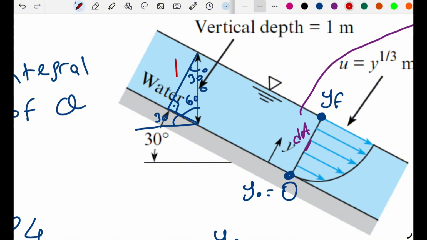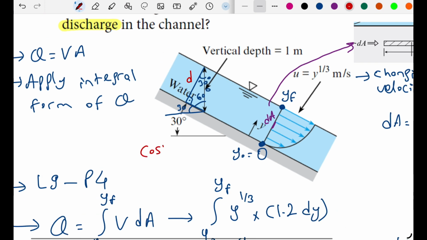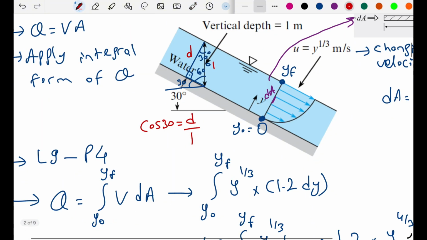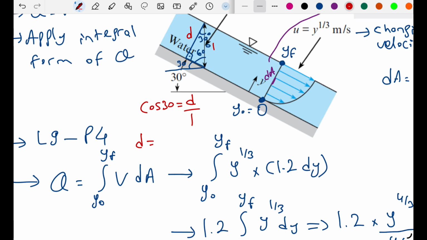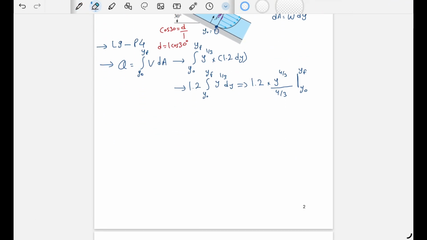We are trying to find the value here, which is the distance of y. In that case, cosine 30 will be equal to d over 1, because the vertical depth is given as 1 meter. So d will be 1 cosine 30, and d is equal to 0.866 meters.